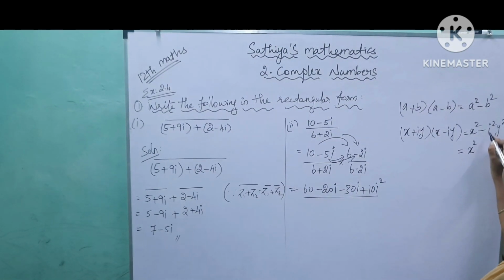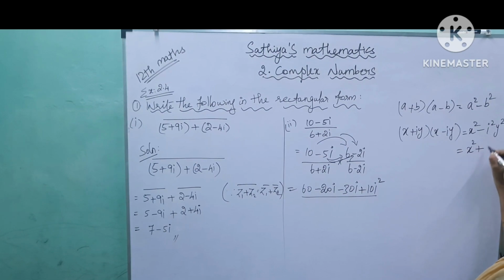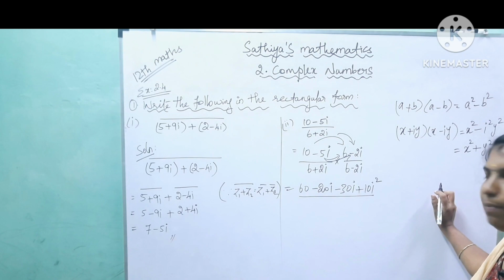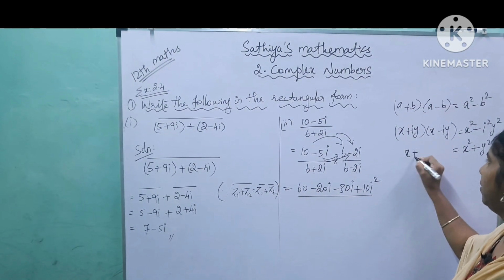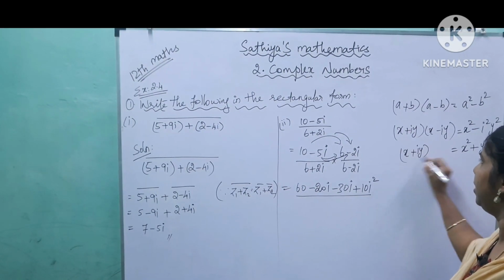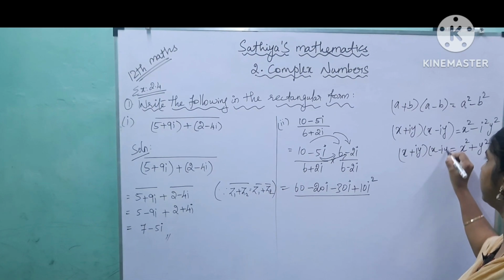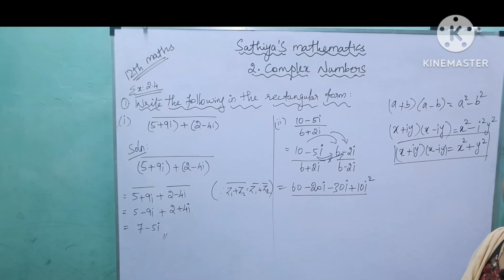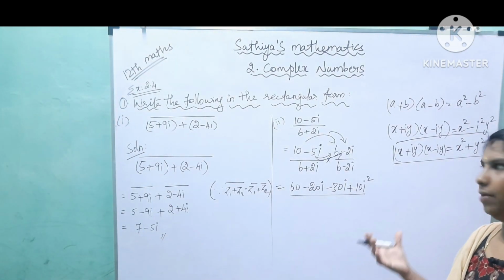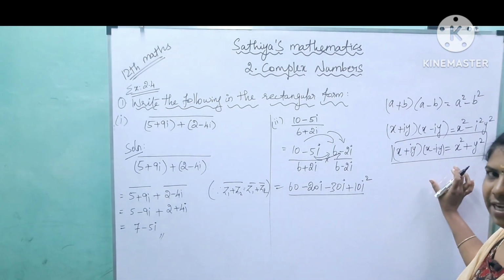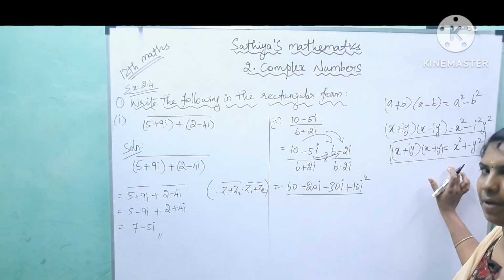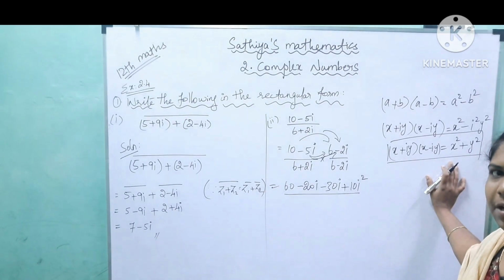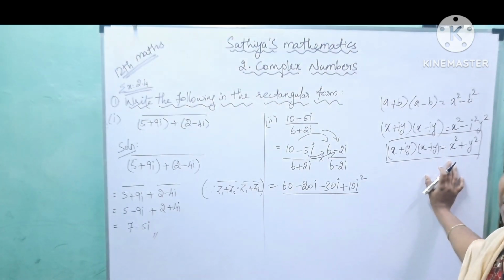So x square minus minus y square is plus y square. Always remember that the product of x plus iy into x minus iy is x square plus y square. When the complex number x plus iy into x minus iy comes, we can forget i and remember it as x square plus y square. x is the real part, y is the imaginary part.